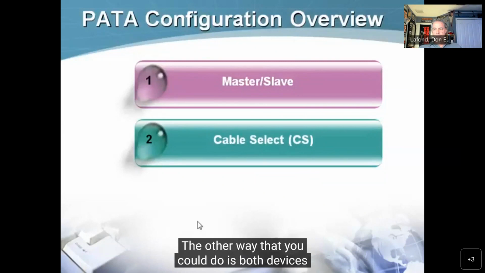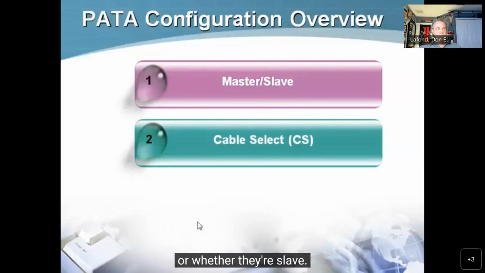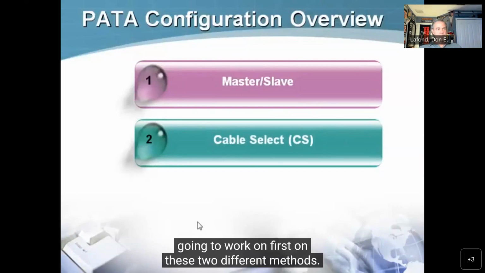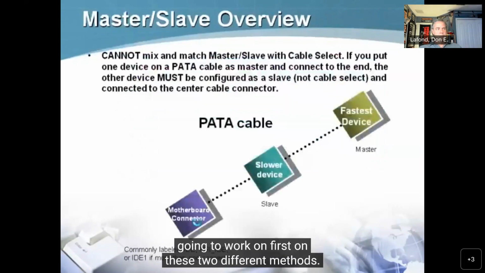The other way is that both devices on the cable are jumpered or configured as cable select. It's actually where they're at on the cable that determines whether they're master or slave. But the jumper settings are what we're going to work on first for these two different methods.